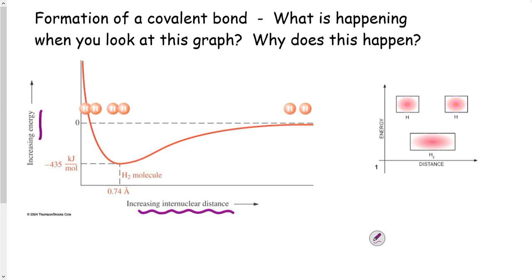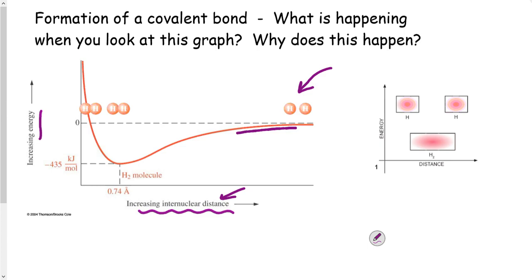If you look at the hydrogen atoms that are by themselves, these two, you will notice that based on their distance, they are too far apart to bond. But as the distance decreases, relative to that, the amount of energy also decreases.